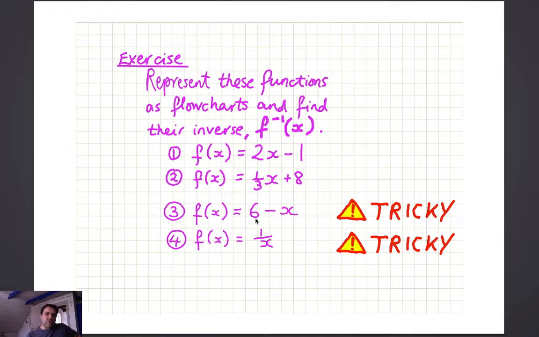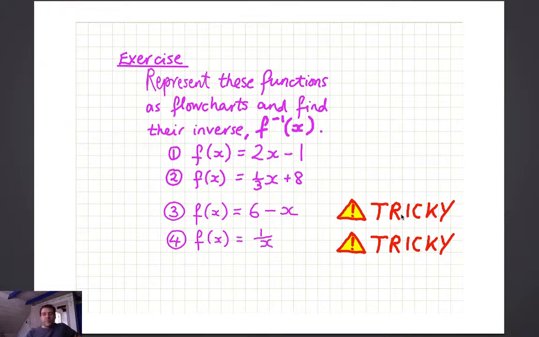What function will undo the effect of 6 minus x? And what function will undo the effect of 1 over x? These last two, there's something tricky about them which you need to give special thought to. So pause the video and just review those and see how you get on.